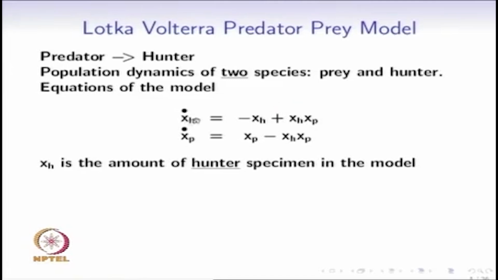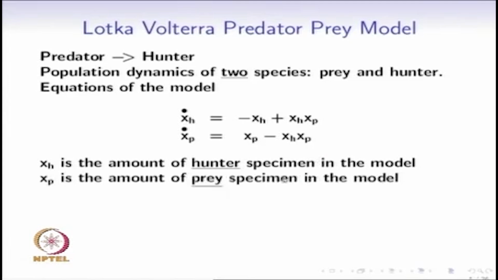Let XH be the hunter specimen in the model and let XP be the prey specimen in the model. So what does this equation say? X dot H equals minus XH plus some quantity that depends on both XH and XP, and X dot P equals XP minus XH XP.